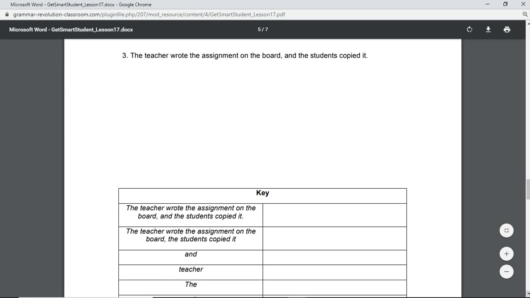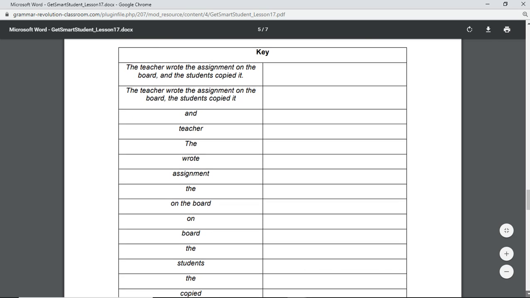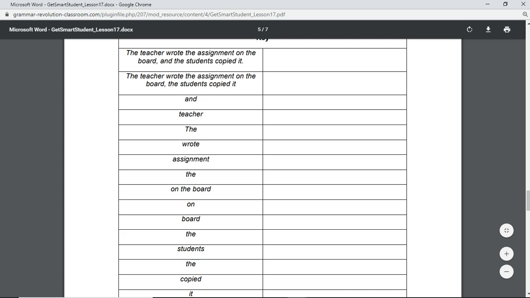The teacher wrote the assignment on the board, and the students copied it. Pause the video, write out your sentence. Head down to the key, again, pause the video, create your little workbox.